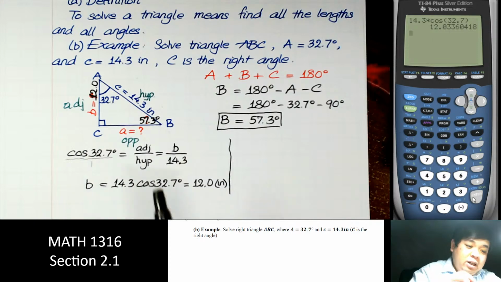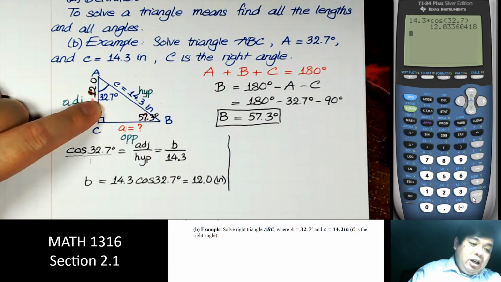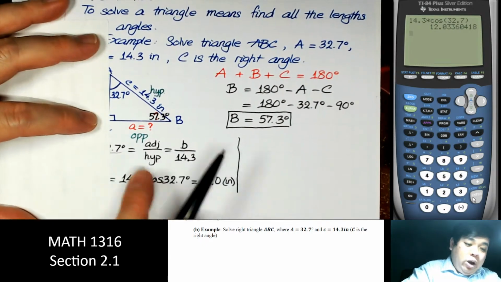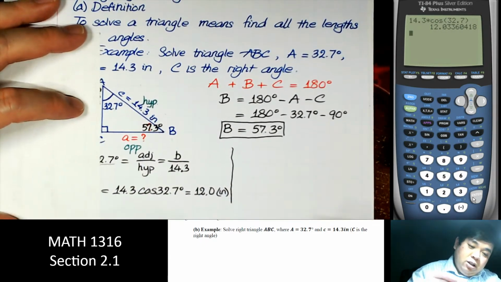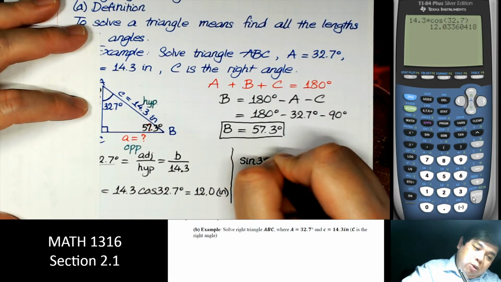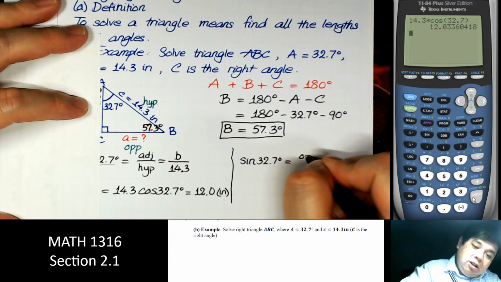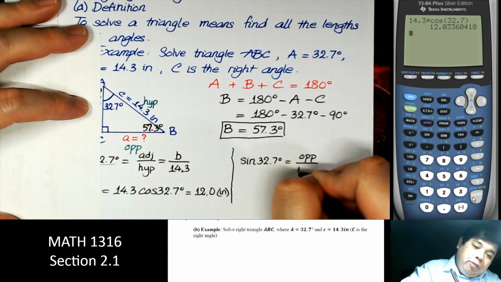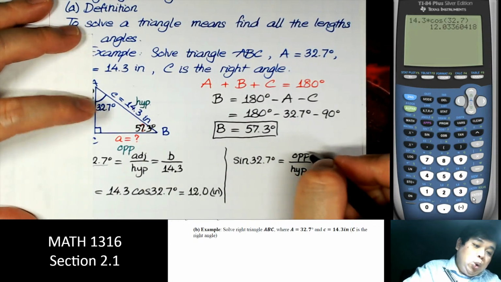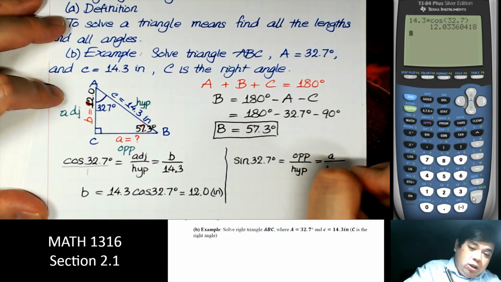And then 3. What we do is similarly, with respect to angle 32.7 degrees, we have opposite over hypotenuse. So sine of 32.7 degrees equals opposite over hypotenuse. Opposite we do know, actually we don't, that is A, and hypotenuse 14.3.